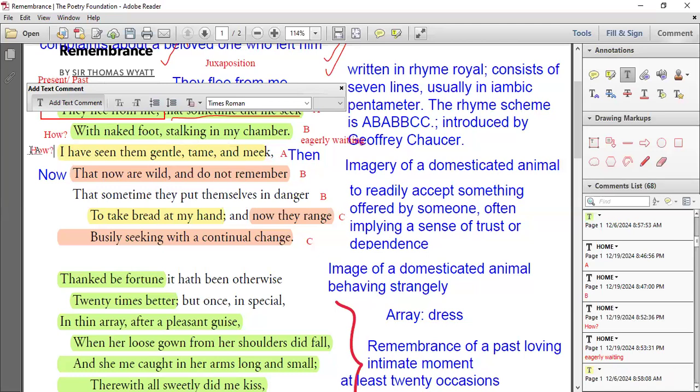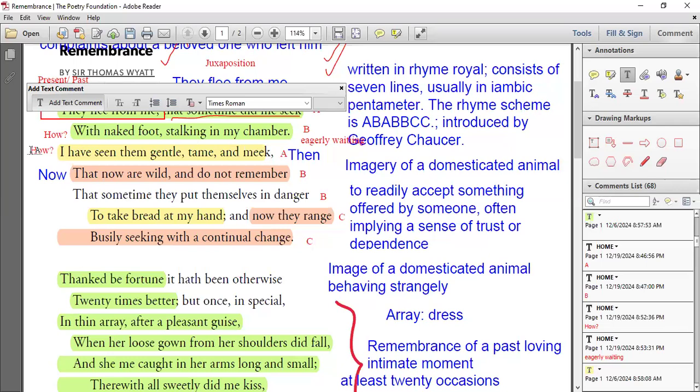Look at all these words, the choice of the words that are domesticated adjectives, adjectives that are used to describe a domesticated person. They were very gentle, very tame, like a pet animal. They were enjoying my presence. They came for my caress. When you have a cat or a dog or a pet animal at home, what will the cat or dog do when it sees you? It will be eagerly waiting for you.